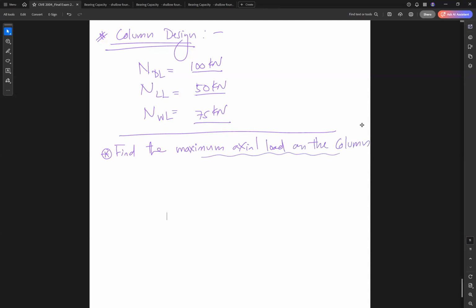What does the maximum axial load mean? This is the maximum load combination for the column. Here you don't need to calculate the loads because they are already given.